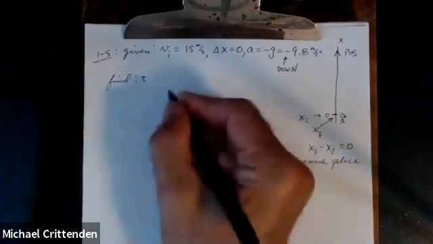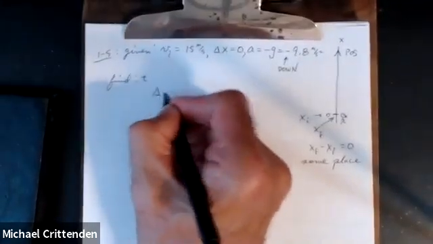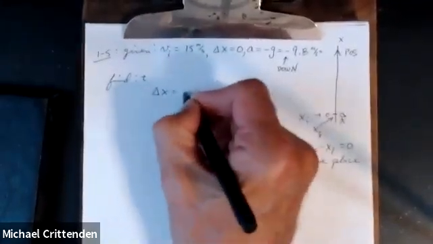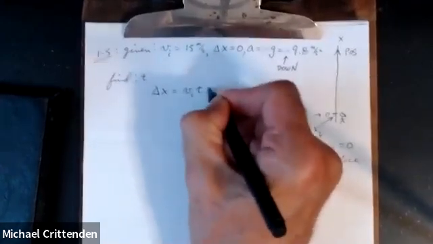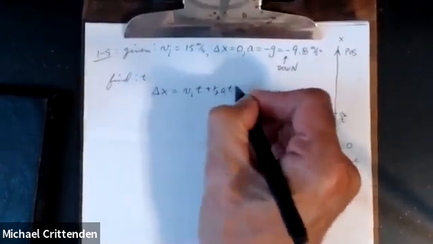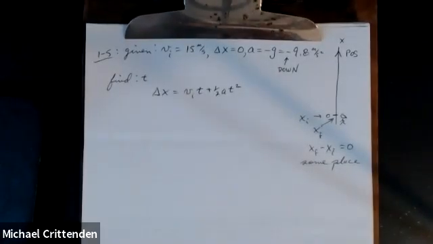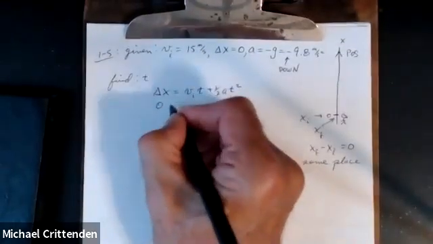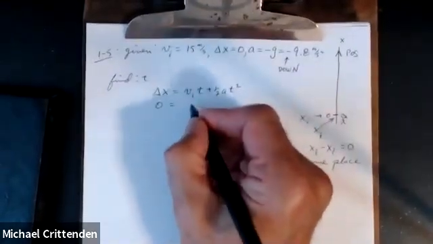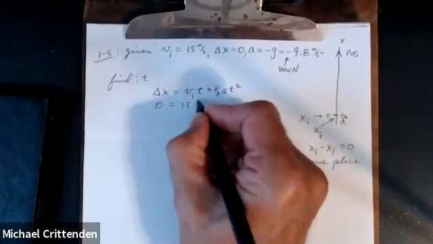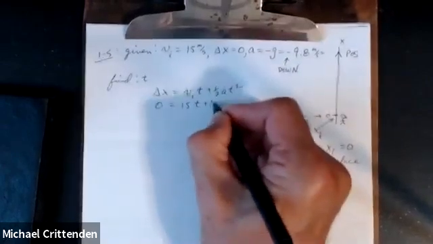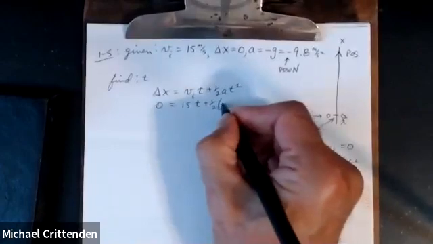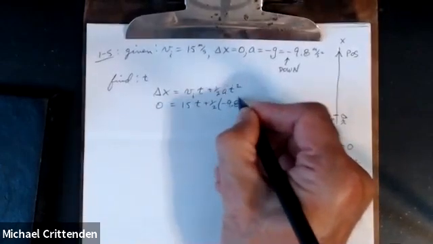Having done all of that, you pick out an equation containing the four things on the list. Delta x equals v initial t plus 1/2 at squared. And fill in the numbers. 0 equals, initial velocity is 15, acceleration negative 9.8.